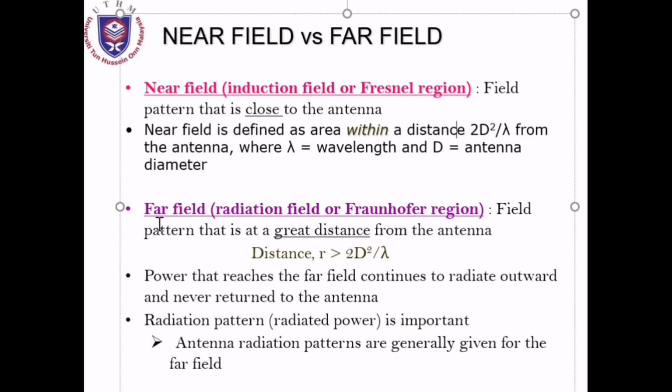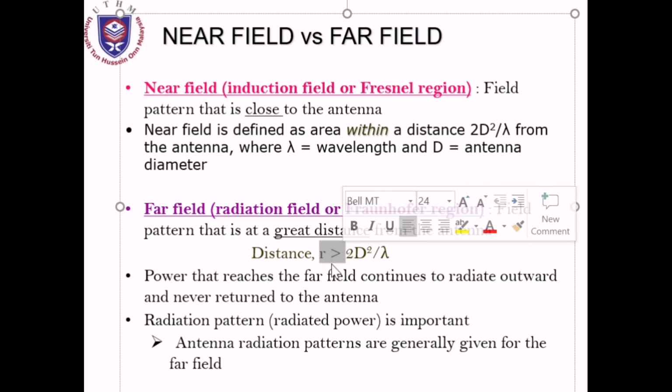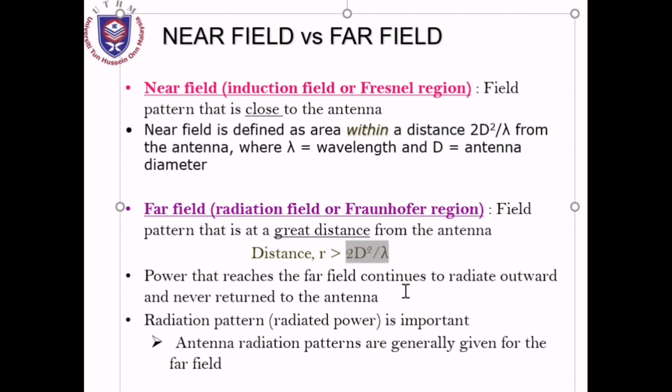Similar goes to the far field. The far field is a field pattern at a greater distance from the antenna. It uses the same equation, but the distance r should be larger than this value.